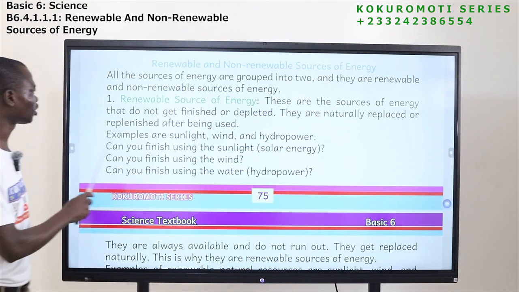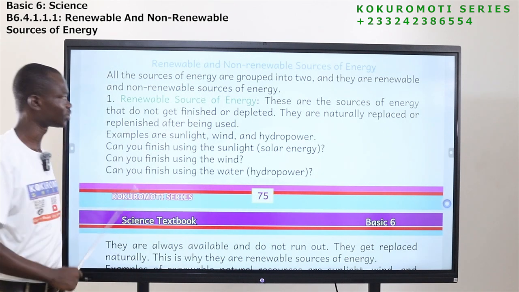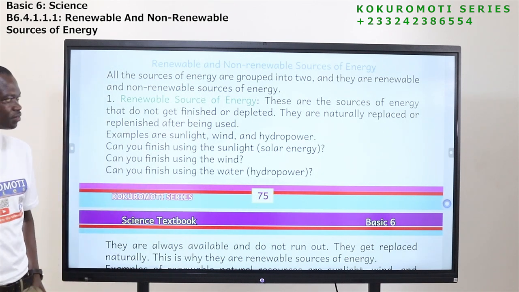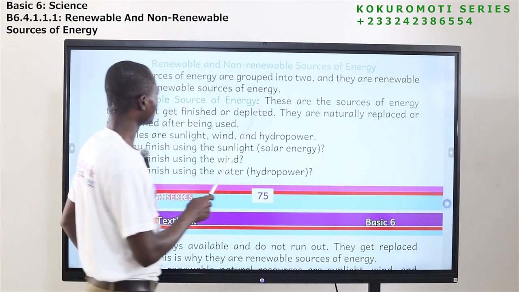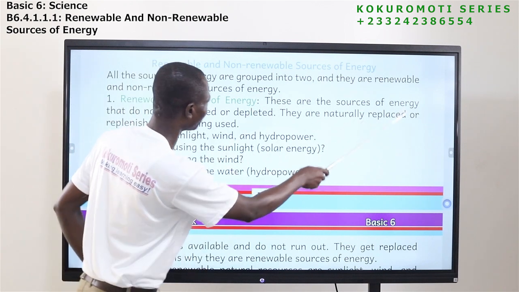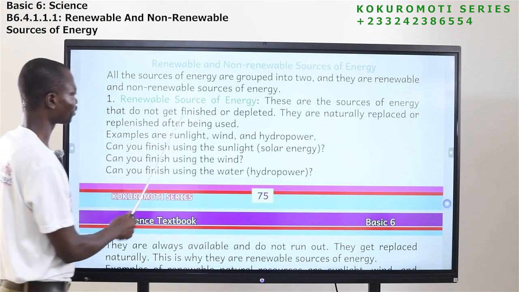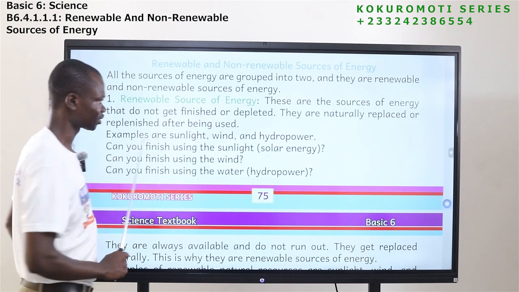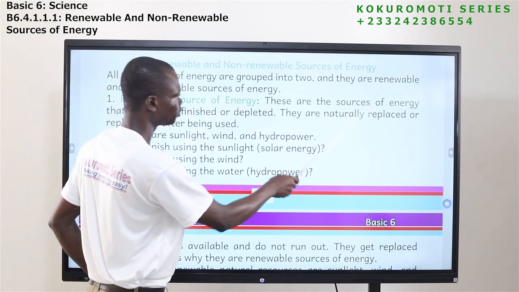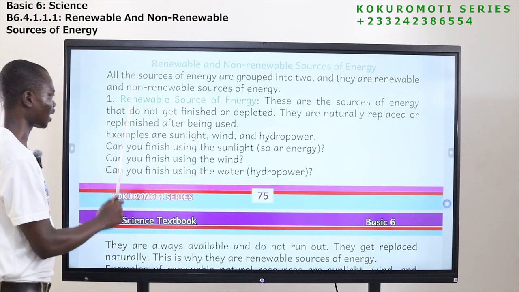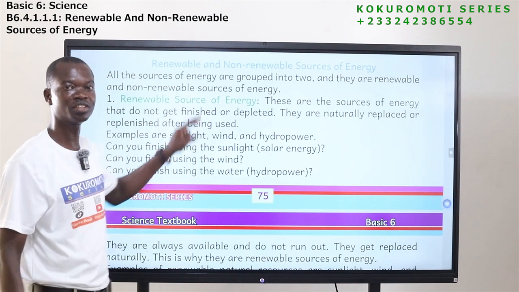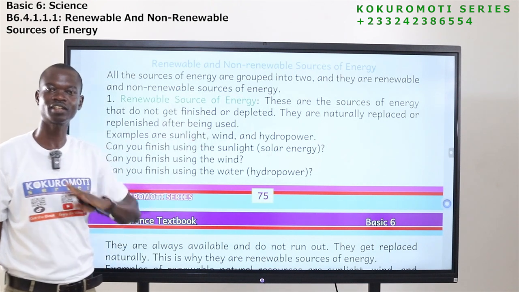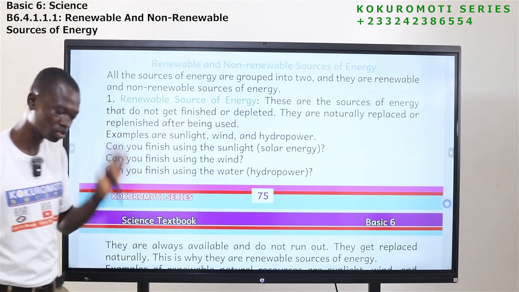So what is a renewable source of energy? Okay, these are the sources of energy that do not get finished or depleted. They are naturally replaced or replenished after being used. So when you are using this source of energy, they don't get finished. You can use it continuously.